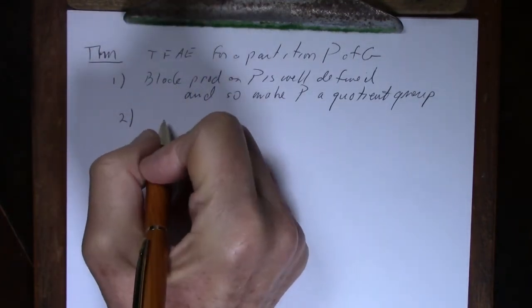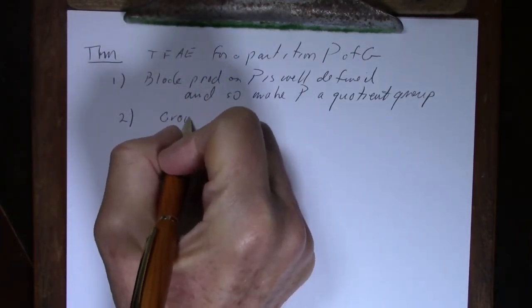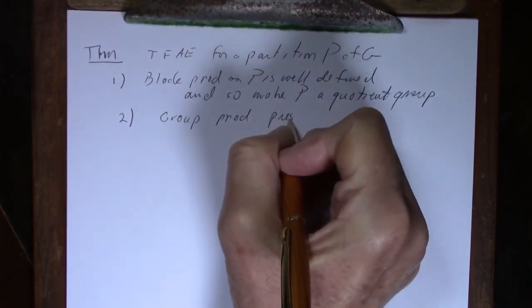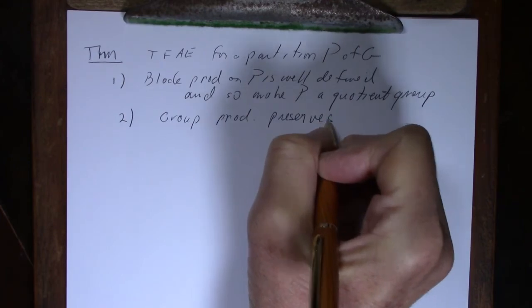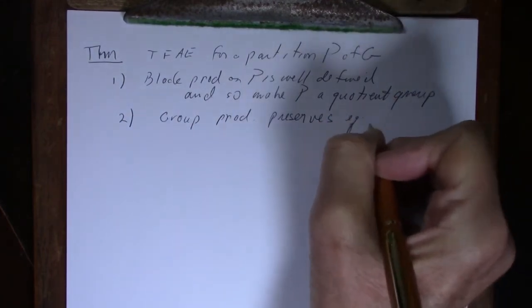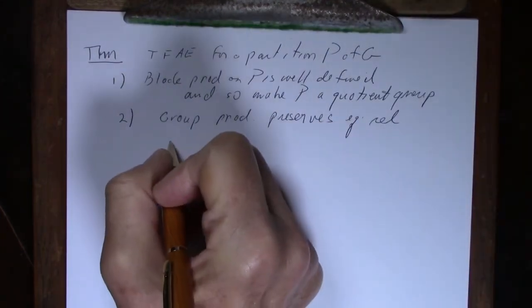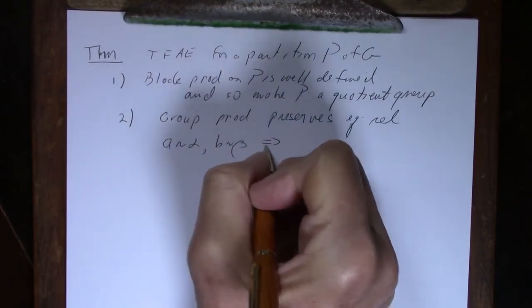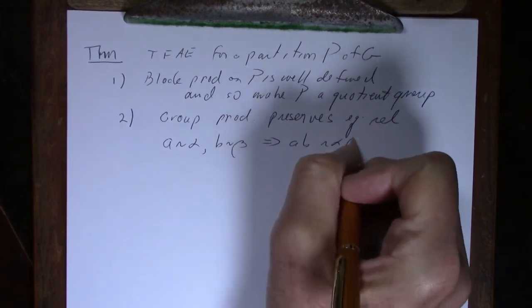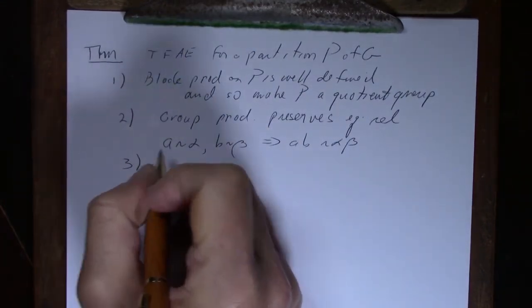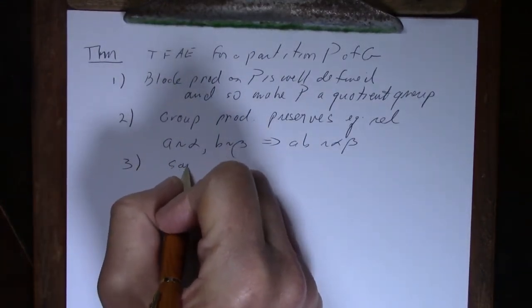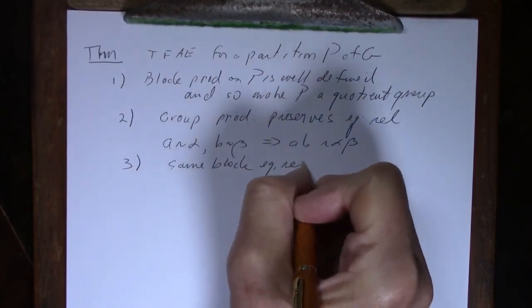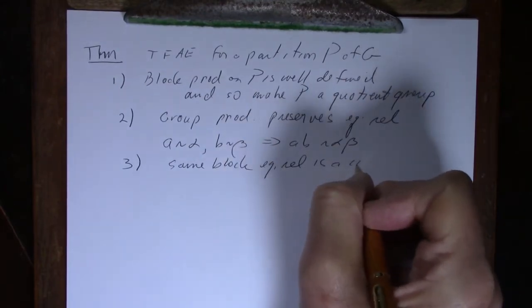Two, the group product preserves the equivalence relation, the same block equivalence relation. So A equivalent to alpha, B equivalent to beta implies AB equivalent to alpha beta. 3, the same block equivalence relation is a congruence relation.